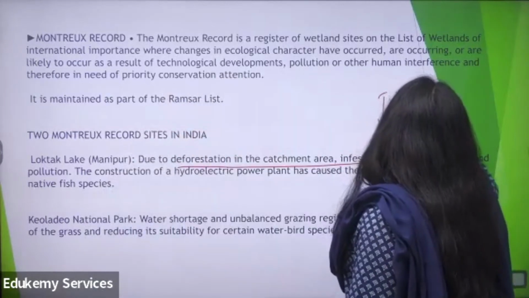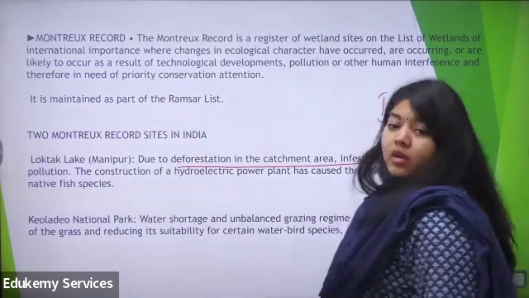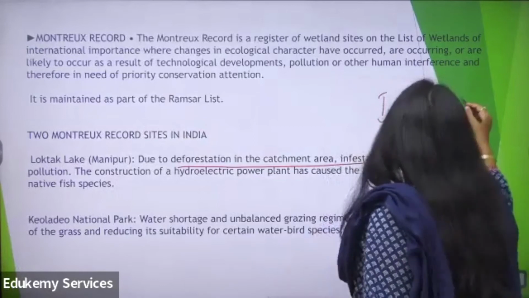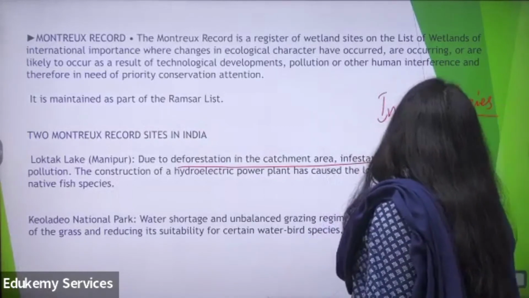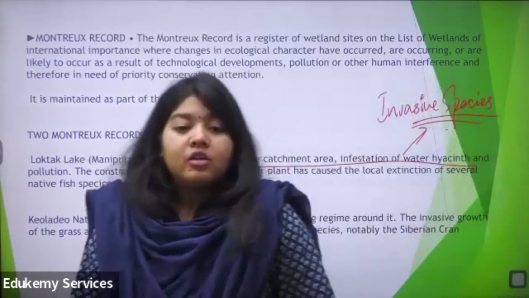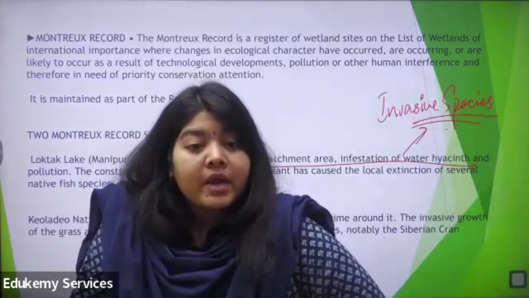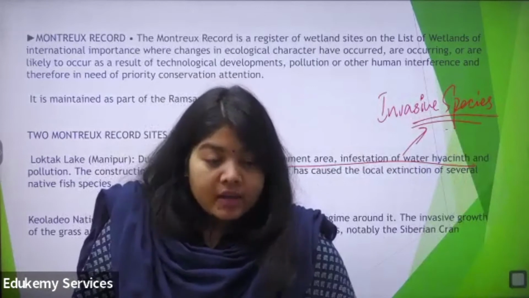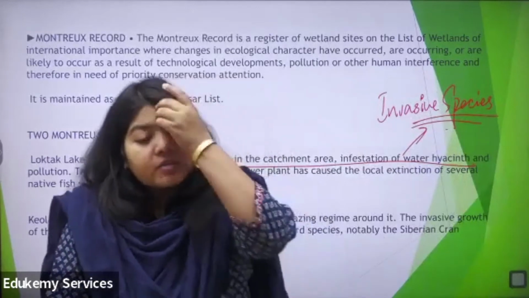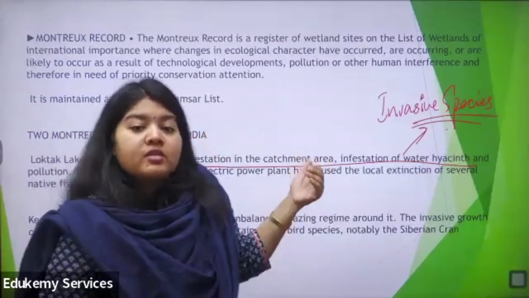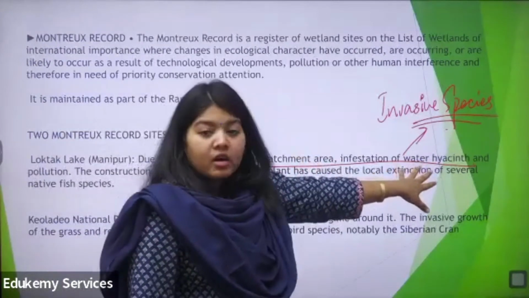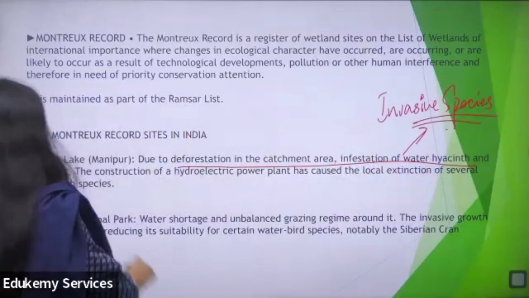What is the other name for water hyacinth? Is it also called the terror of Bengal? Water hyacinth has actually made the water extremely toxic. The overall ecosystem is suffering from this invasive species, water hyacinth, and the overall pollution.